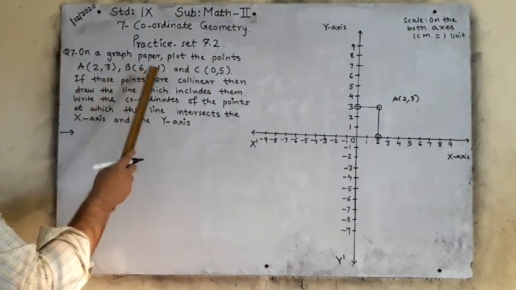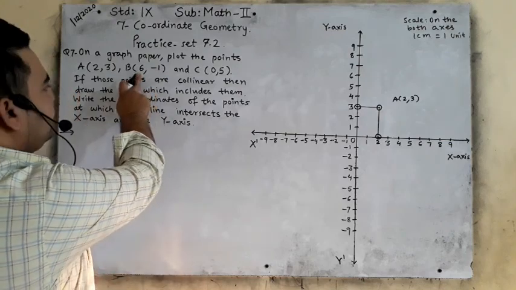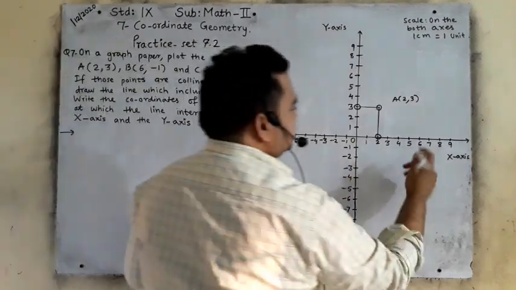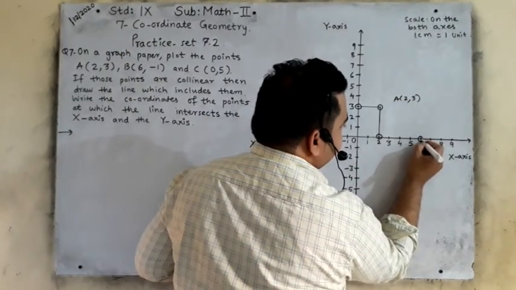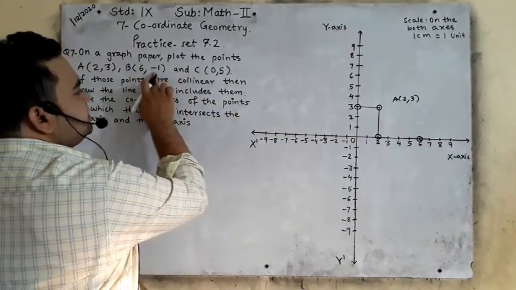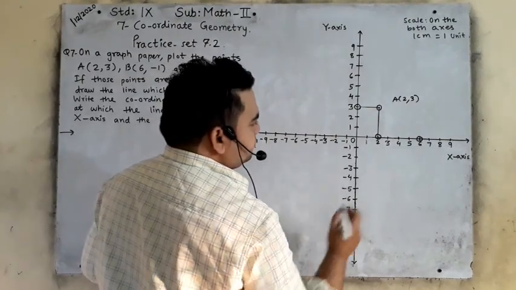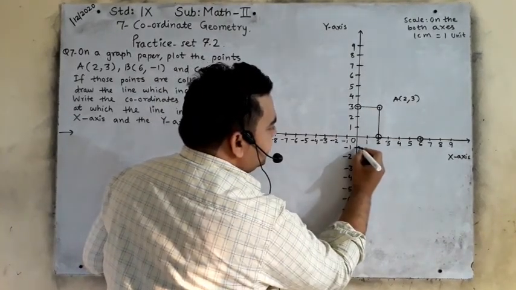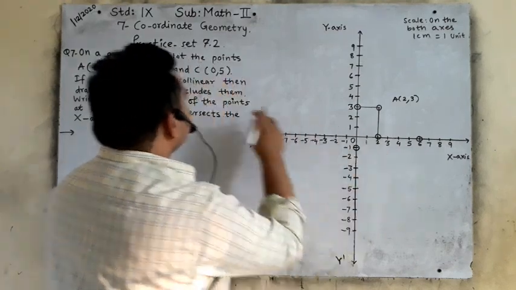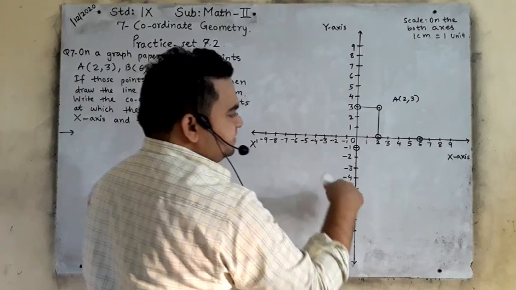Now see B, 6, -1. On the x-axis, the x coordinate is 6. So where is 6? It is here, so we will circle 6. And on the y-axis it is -1, which is below the x-axis.